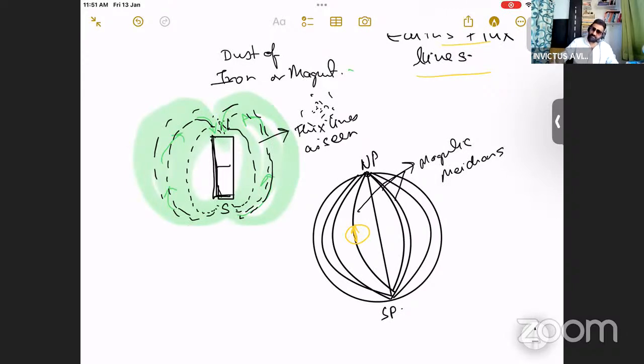Flux lines as seen when iron dust is aligned.